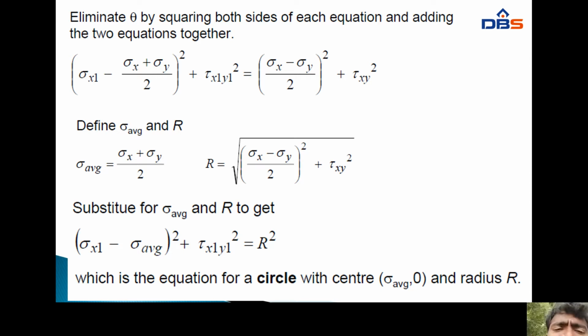Substituting the values for sigma average and R, we get the equation sigma x1 minus sigma average whole square plus tau x1 y1 square equals R square, which is the equation for a circle with center at sigma average comma 0 and radius R.